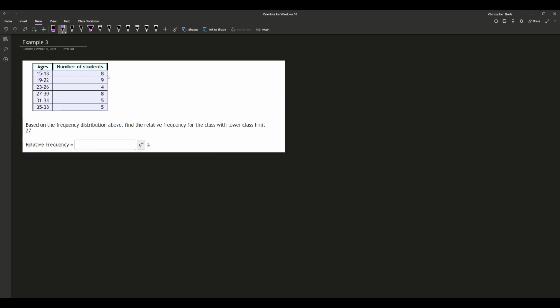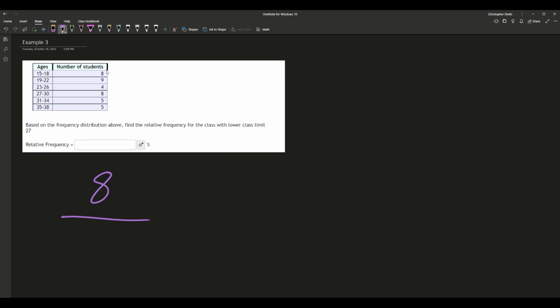So to find the relative frequency for the class with the lower class limit 27, let's see, this class has a frequency of 8. So I need 8 divided by the total.